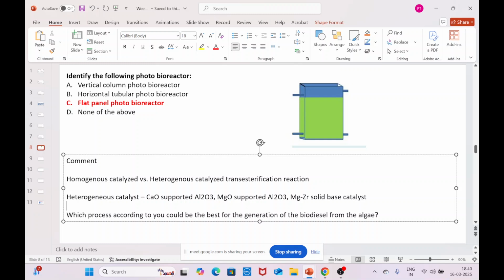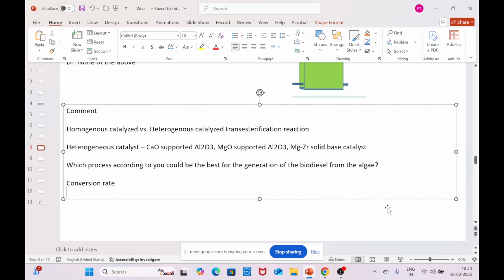Homogeneous catalyst process. So, can we list out the parameters? One is the conversion rate.